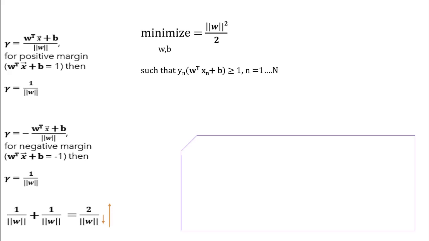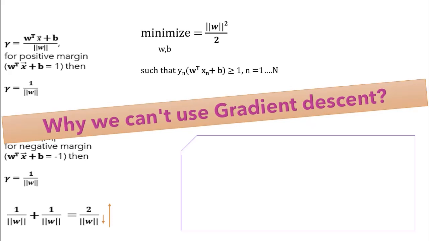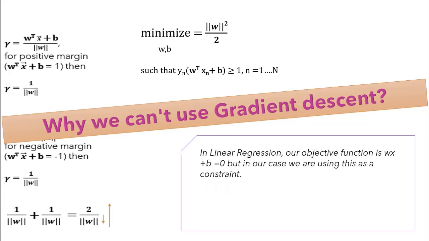Now for minimizing the norm of W, we must use an optimization technique. But one thing to note here is that we are not going to use gradient descent over here. And why can't we use gradient descent? For that, first let's understand what type of function we are going to optimize here. So in linear regression and some other algorithms where we were using gradient descent, simply we were optimizing the W transpose x plus b term for reducing the error.